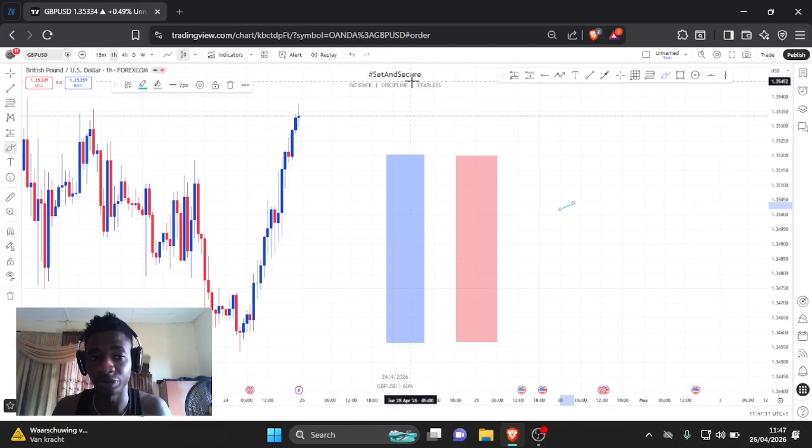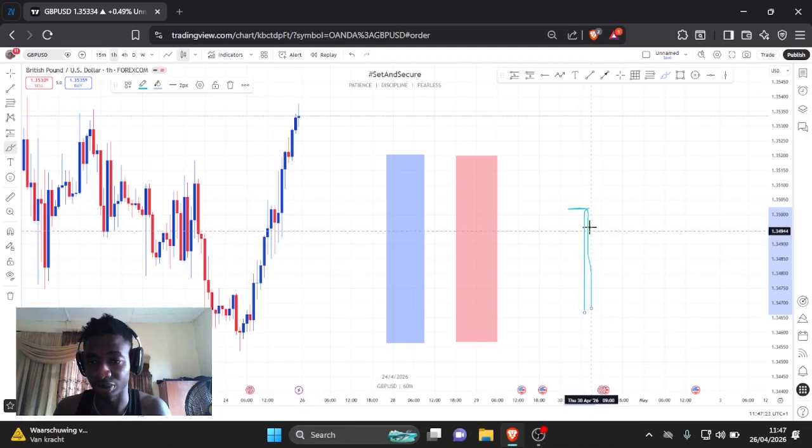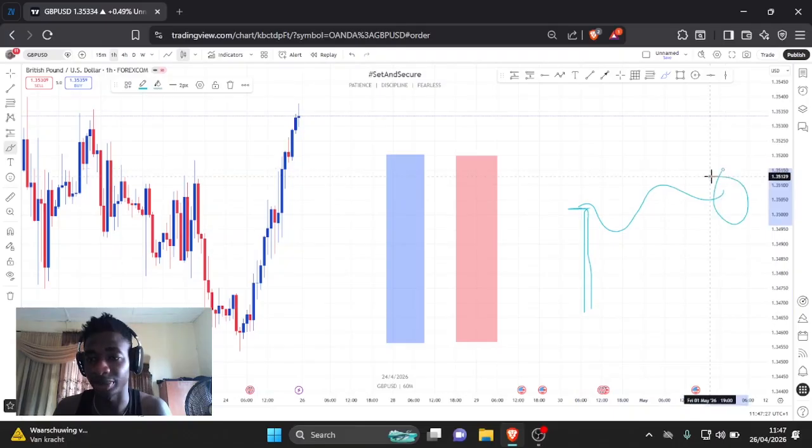The market moves. The market is not stagnant. Let's say the market moves to a certain point and then it returns, it's going to leave a trail, signifying that the market has been in this position.